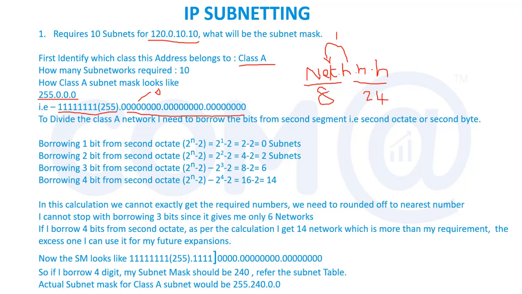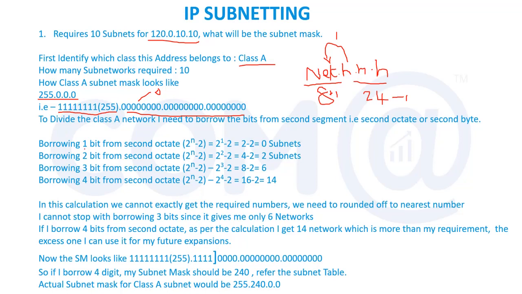If you borrow 1 bit, you add 1 to this, and the host portion is reduced by 1, so it becomes 9 and 23. If you borrow 2 bits, this becomes 10 and 22, and so on, because once you give 2 bits from 24, that many bits get reduced. I'll do this borrowing till I get my requirement met.